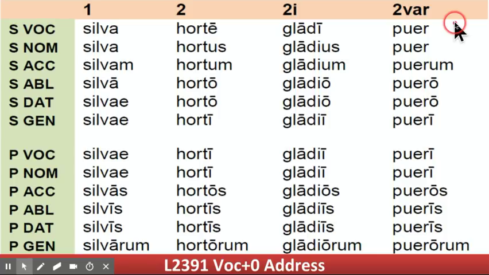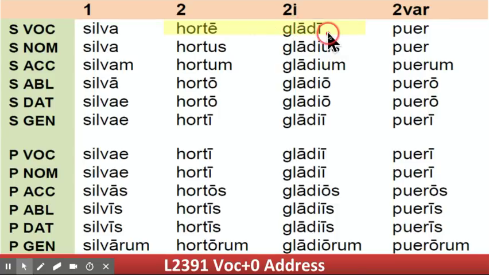Well, how can you tell it's not the nominative? Because the verb, if you're talking to someone, the verb is second person. So if the verb is second person and you have something that looks like a nominative, it's probably the vocative. And the only worry about the separate discrete form, and this is where Latin 1 really lives, is in the second declension and second I, only in the singular.